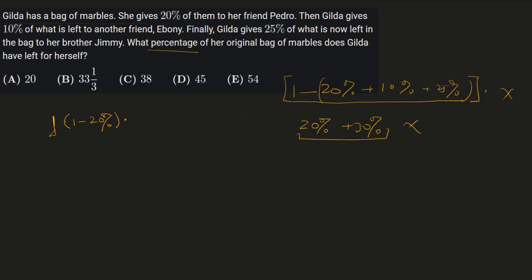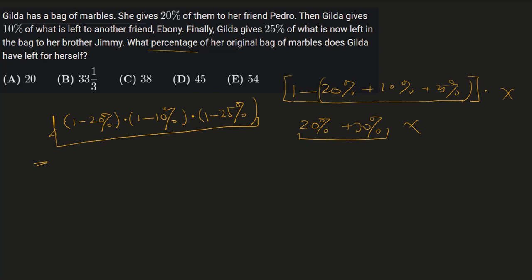And then she gives another 10% of what's left away. Therefore, that's 1 minus 10%. And then 25% of what's remaining goes to her brother, Jimmy. So that's 1 minus 25%. So this is actually our answer. This is what's left. So let's finish the calculation.